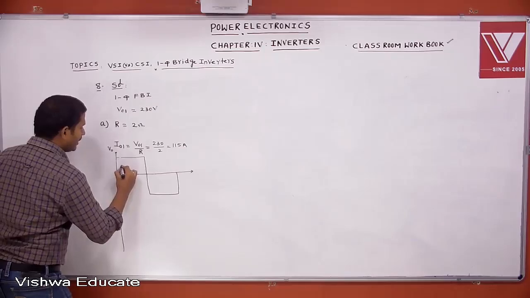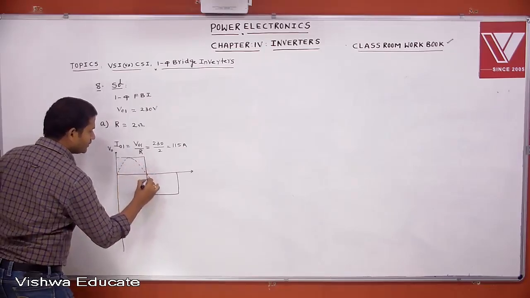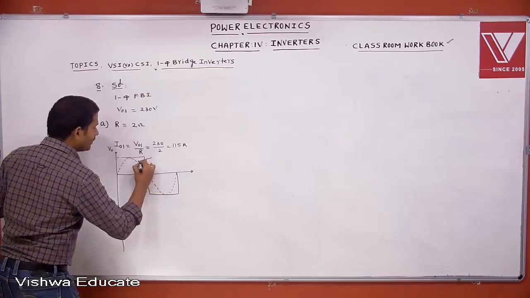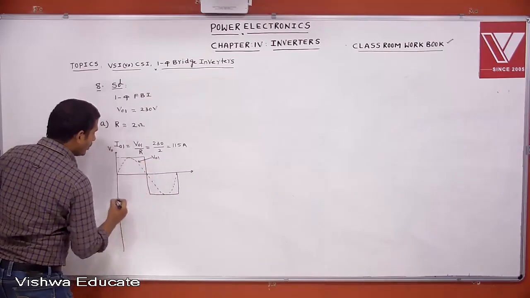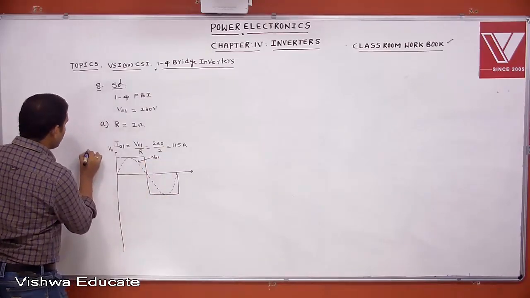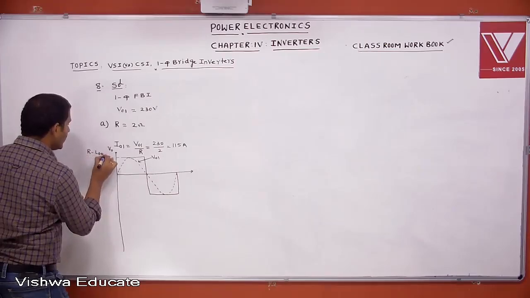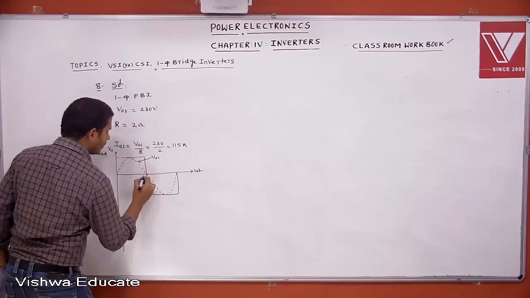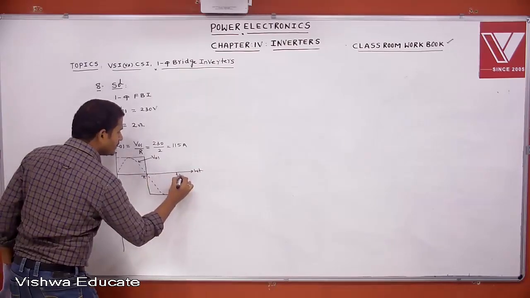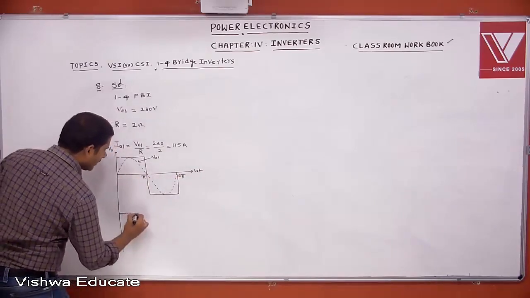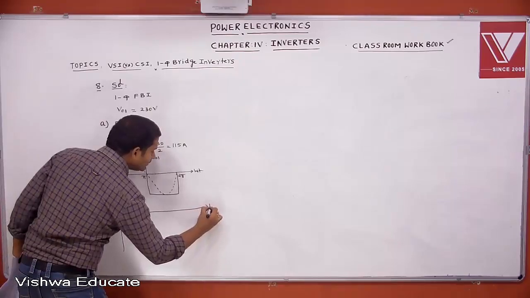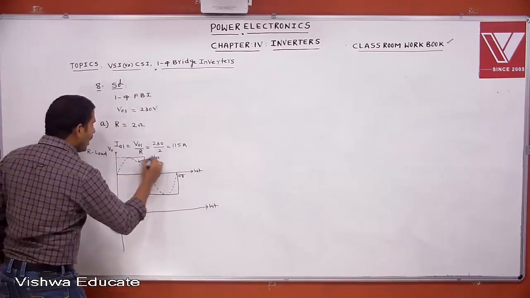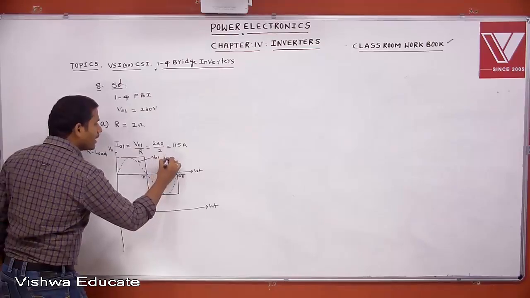This is the fundamental output voltage, this is V01. We know that this is for R load. Resistive load means voltage and current waveforms are the same. This is pi, this is 2 pi. Then I want to draw the fundamental current. This is V01 and this is also I01.